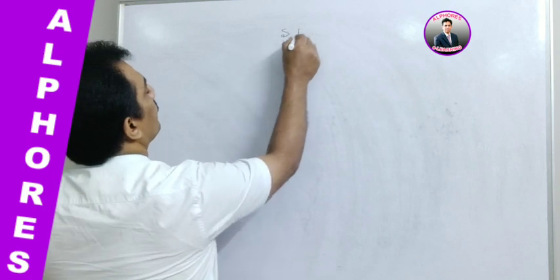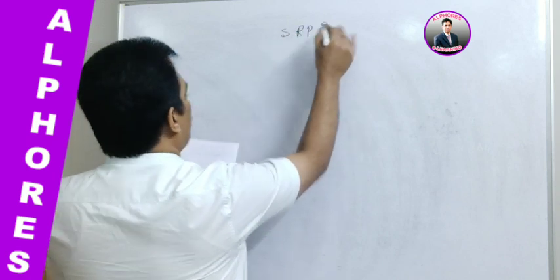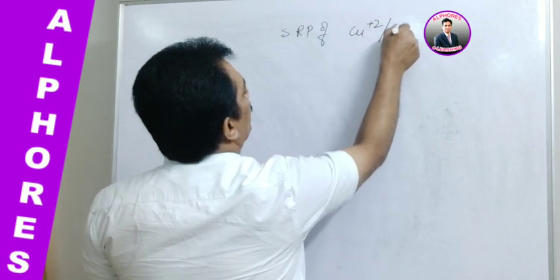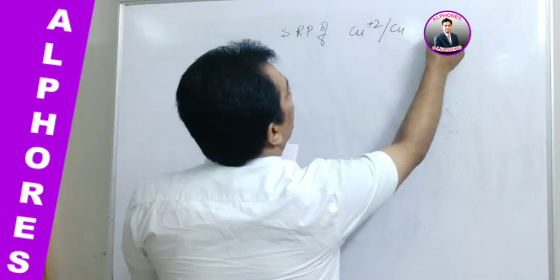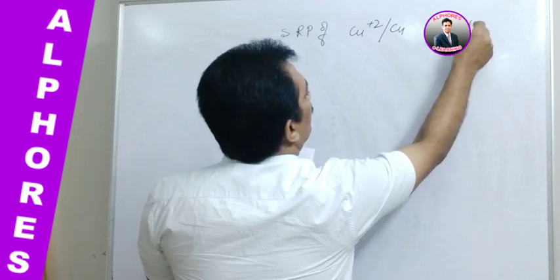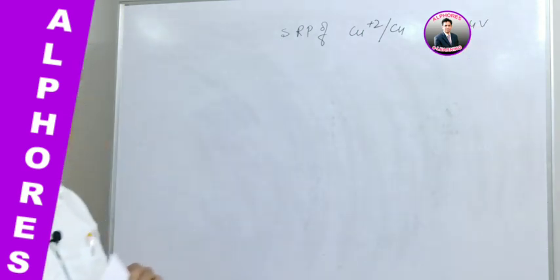SRP of Cu+2 to Cu is given as +0.34 volts. Just observe.